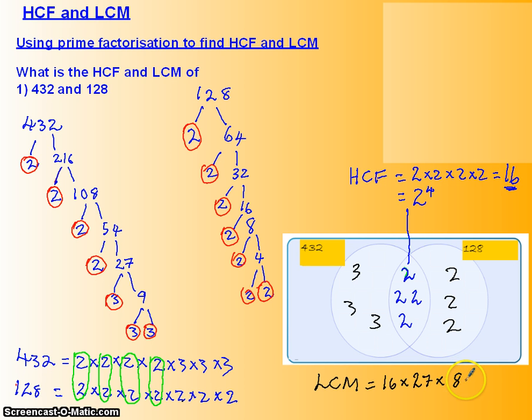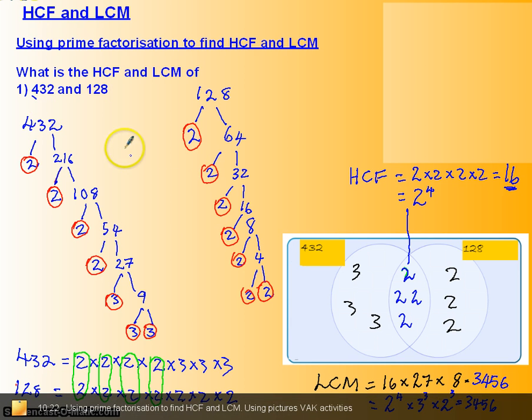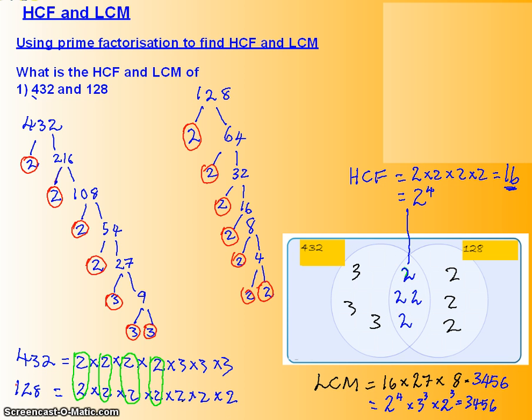So the LCM here would be the product of these three numbers, which gives us 3,456 as the LCM for 432 and 128. So remember the middle bit here gives us the highest common factor when you multiply them, and the LCM is the product of everything that is in our circles.